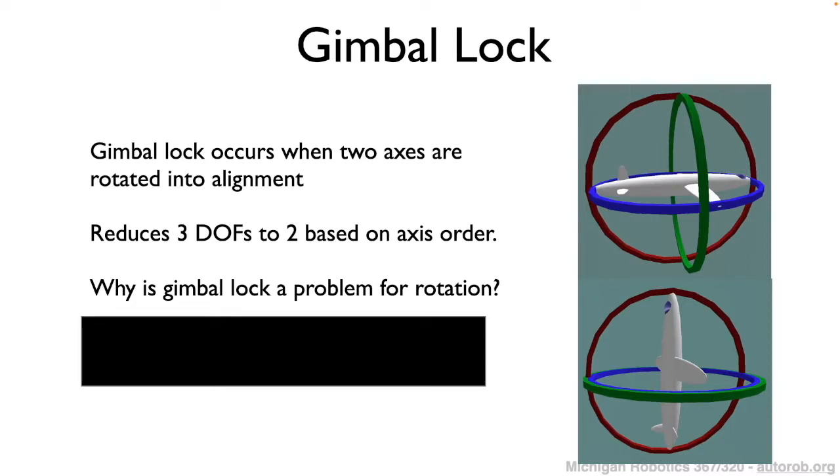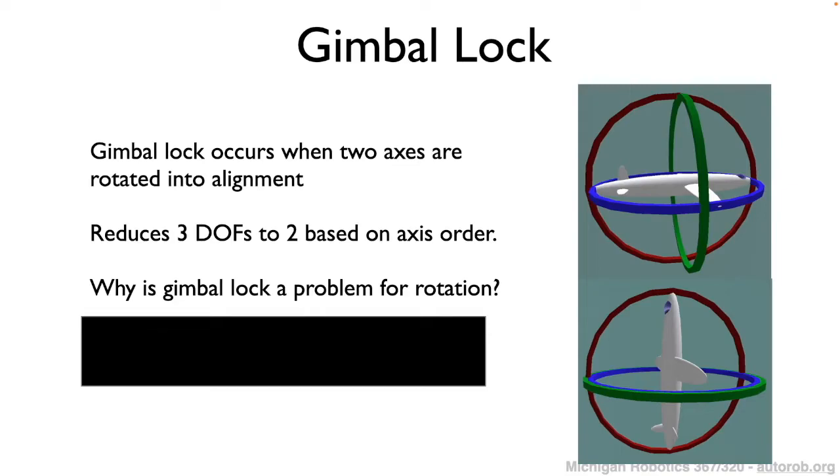In the diagram here, it's the case shown in the lower right image, where the gimbals, which are represented by the blue and green circles, have become aligned. They've rotated into alignment. What this does is it actually reduces what was a 3 degree of freedom system down to a 2 degree of freedom system.